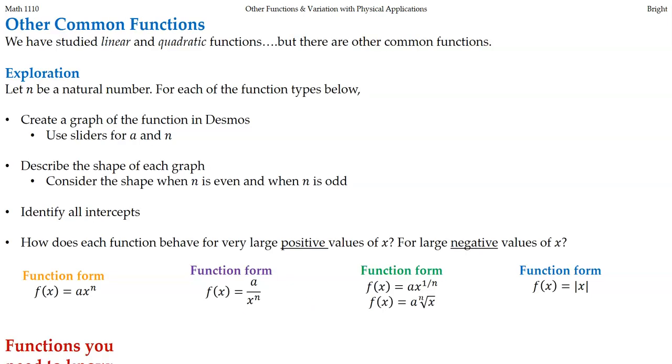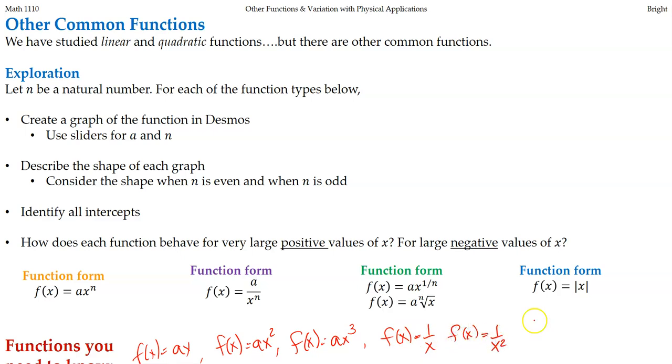You need to know f of x equals ax, that's your lines. You need to know f of x equals ax squared, that's your quadratics. f of x equals ax cubed, that's your cubic graphs. Then f of x equals 1 over x, most certainly, that's your reciprocal function, and we also want to know the squared reciprocal function.